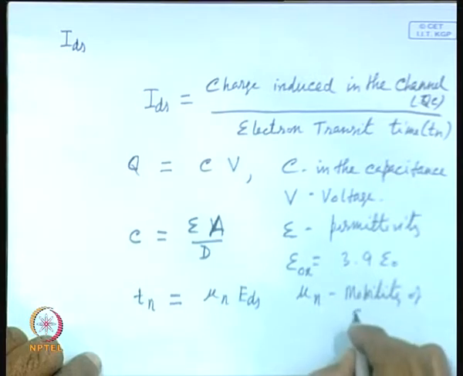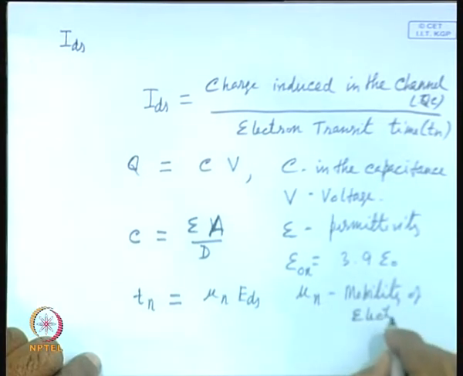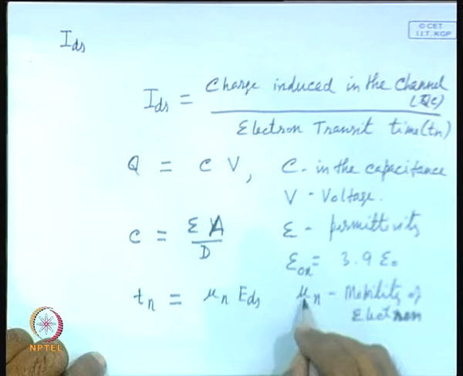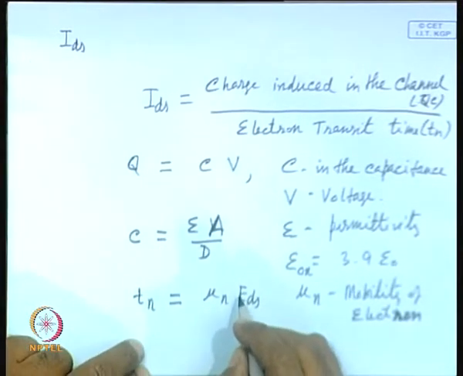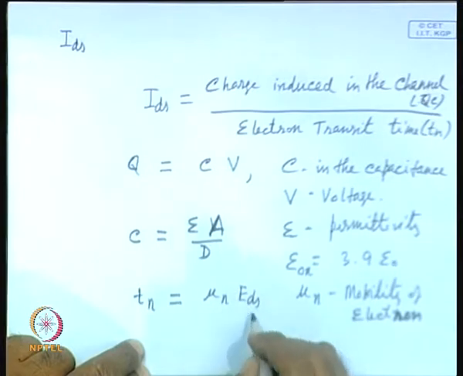Here we are considering an NMOS type transistor, so the charge carriers are electrons, that is why we are considering mobility of electron, and EDS is the drain to source electric field.